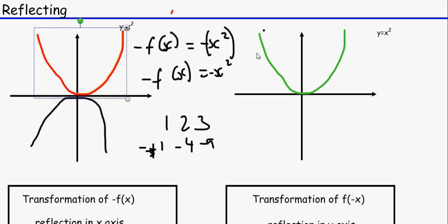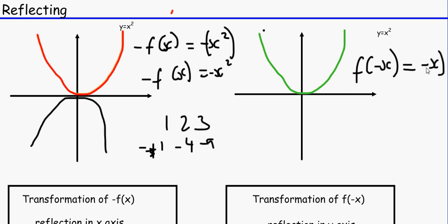And if we wanted to reflect this in the y-axis, we would write f of minus x equals minus x all squared. The difference between this and this is that the minus is outside the brackets in one and inside the brackets in the other.